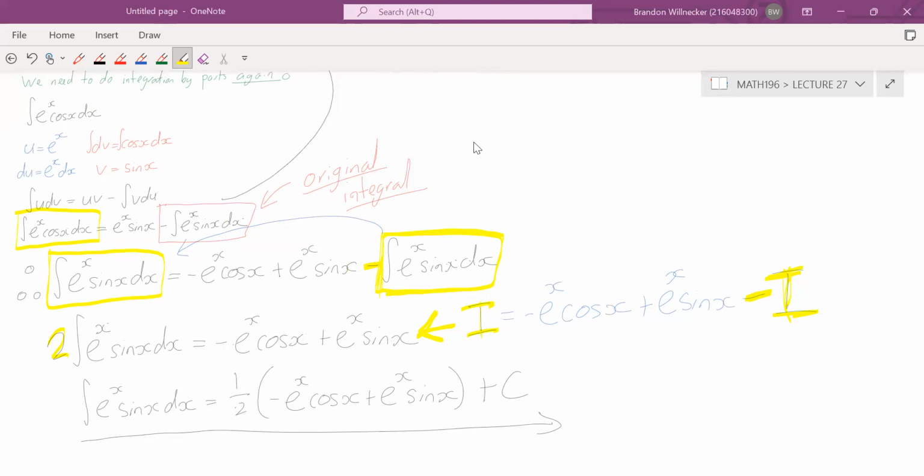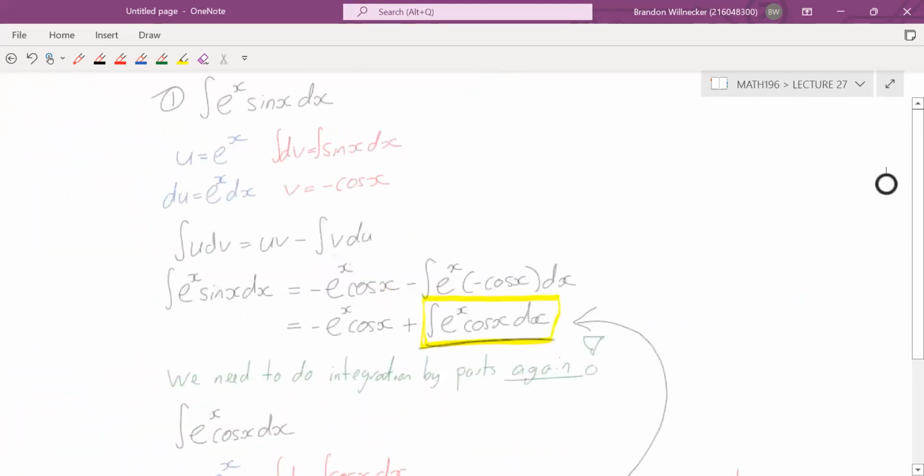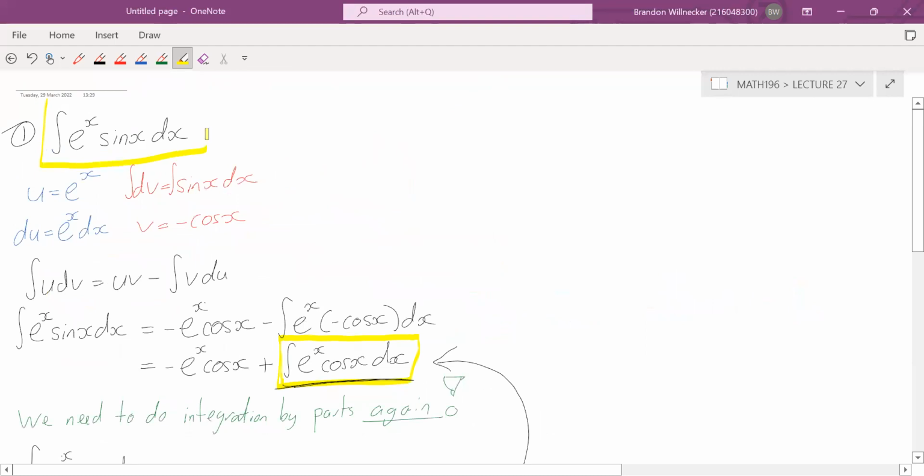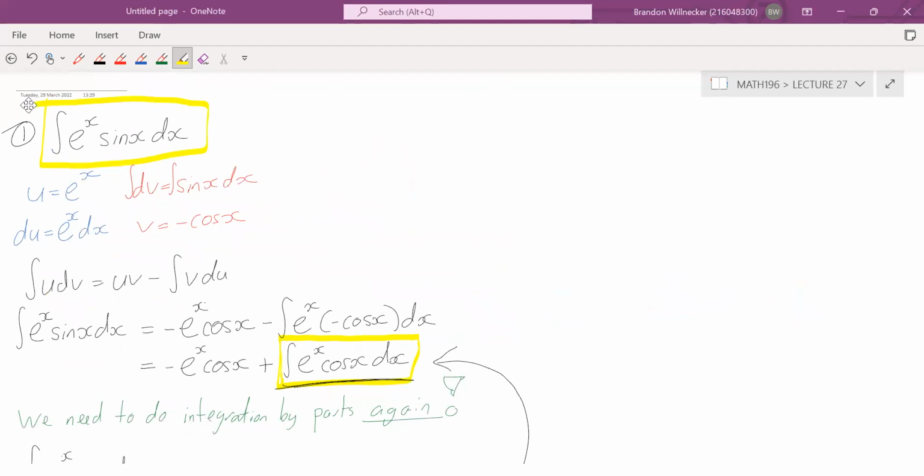Okay, someone's asking here for me to re-explain. Okay, so let's just scroll back up to the top here. This was our original integral that we want to find, the integral of e to the x sine x dx. As always, we pick something to be u and we pick something to be dv.